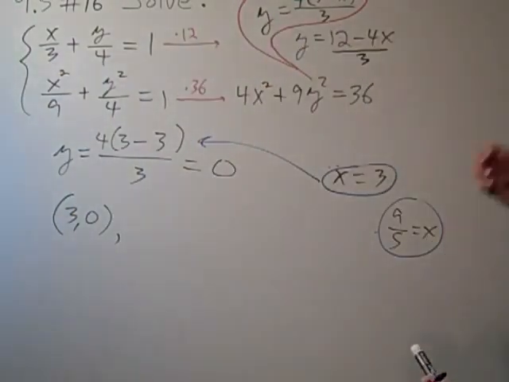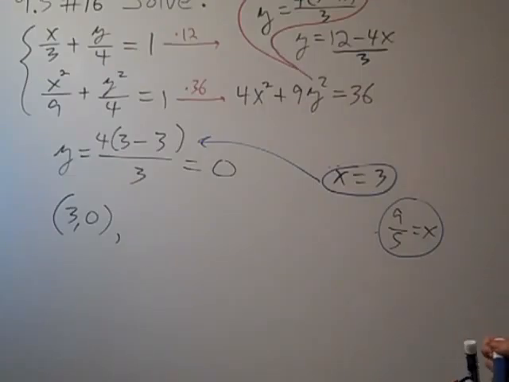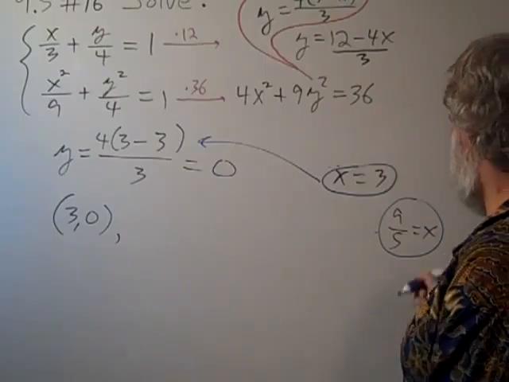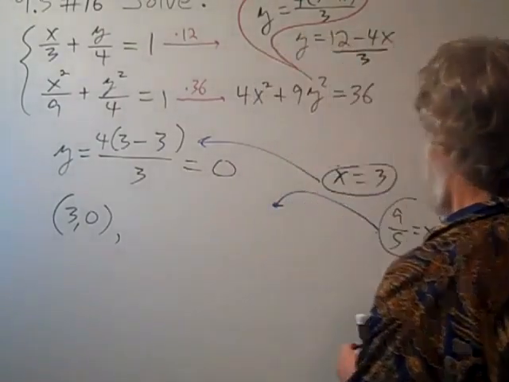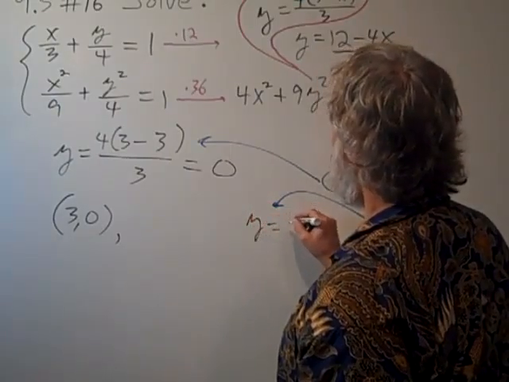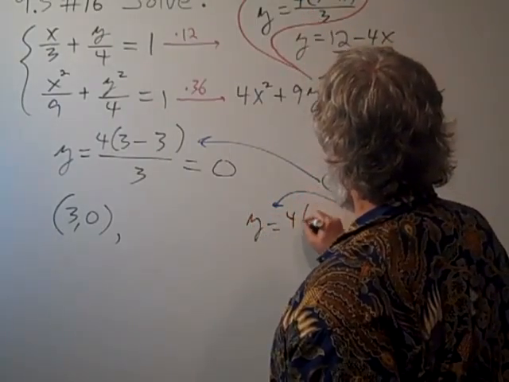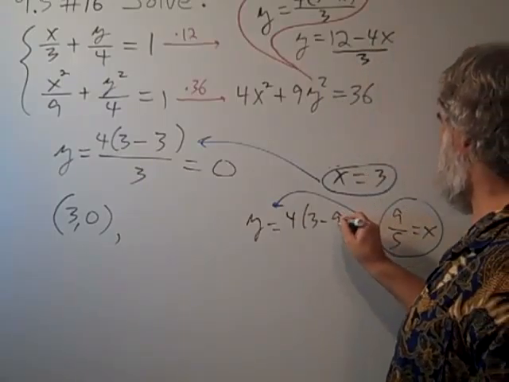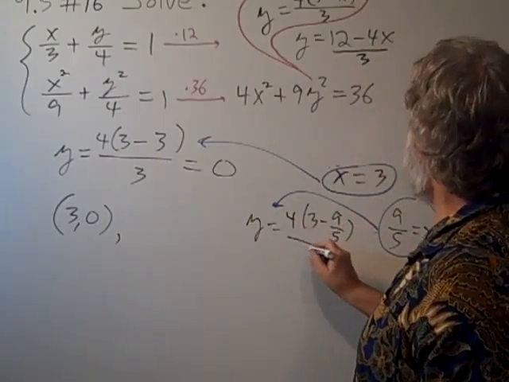Now let's try the other one, x equals 9/5. Substituting that into the equation for y, we get that y is equal to 4 times (3 minus x), but x is now 9/5, and that all divided by 3.